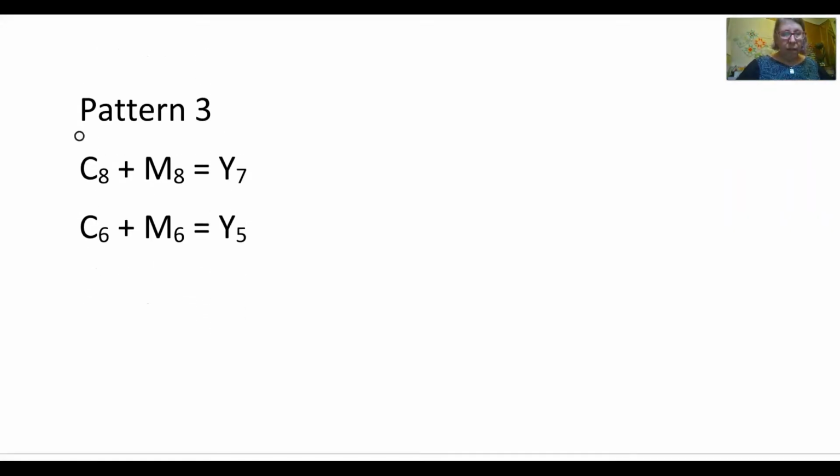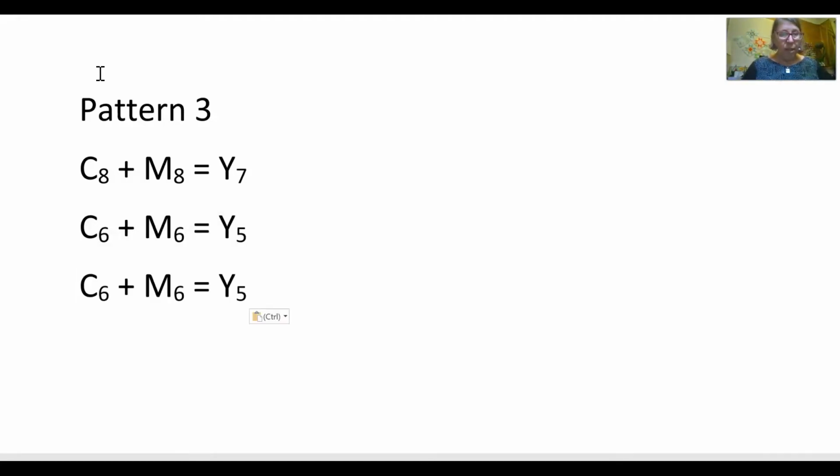So pattern 3, I want you to notice what's the same with this number and which one is different. And how different is it? So which ones are the same here and which ones are different?